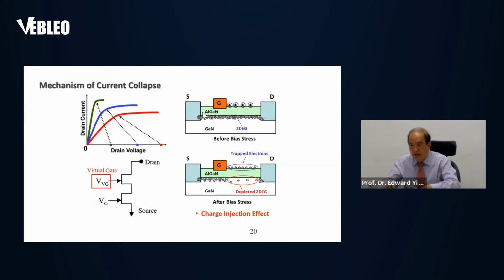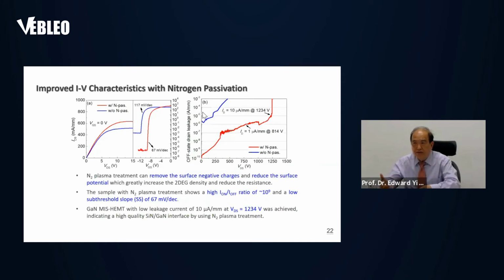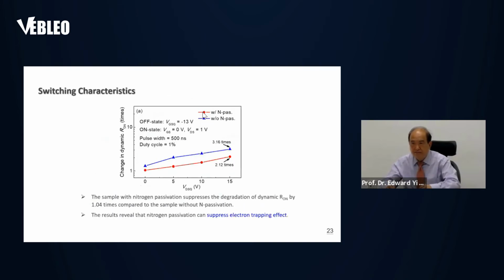And then next, you can bypass this effect by using the so-called nitrogen treatment, because the surface nitrogen is depleted. If you use surface treatment by nitrogen, you can actually reduce the leakage current. And also for the switching characteristics, the same way, with nitrogen treatment and passivation, you can suppress the degradation of dynamic Ron.